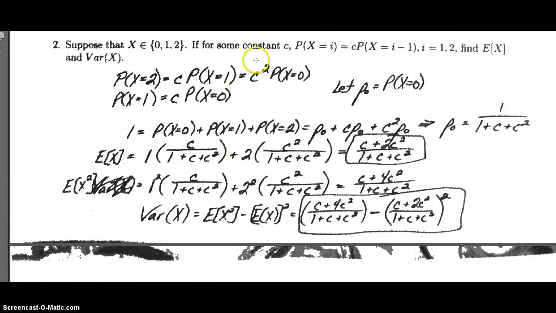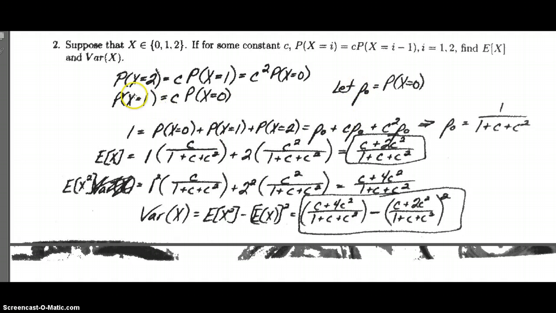Okay, here we have some constant c. We know this little way that the probabilities of the values of x are related. Notice we only have 3 possible outcomes for x. If we let p sub 0 represent p of x equals 0, that's just shorthand to save us some writing because this is showing up quite a bit.